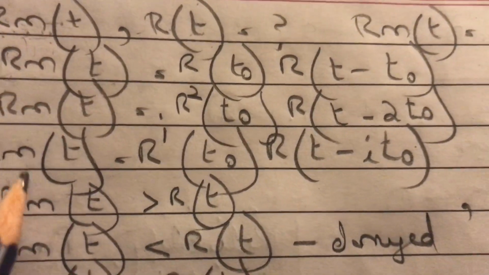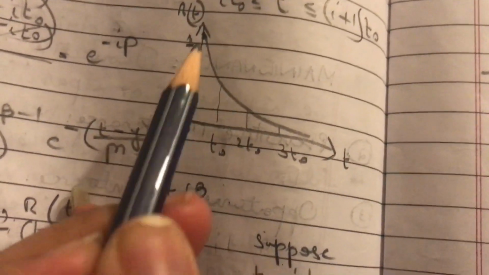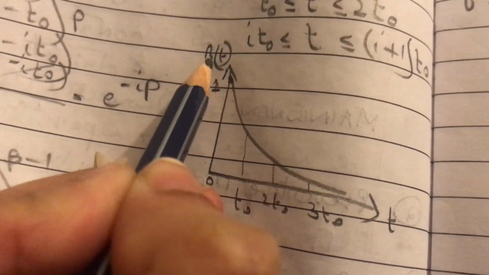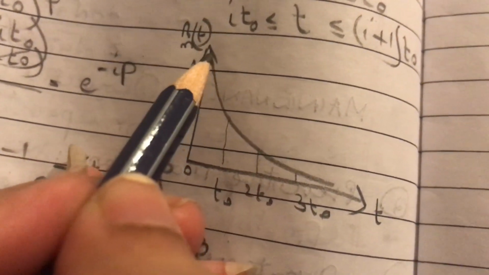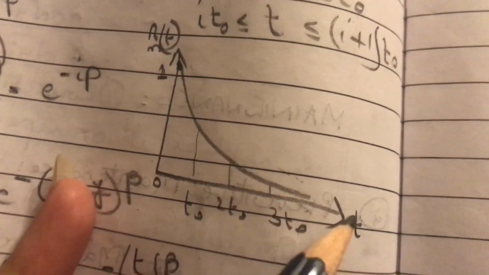So what do we get, and what are the changes in the equations? For this we have a diagram, a curve. This is our reliability of performing a maintenance. It is also bounded between 1 and 0 at time t.